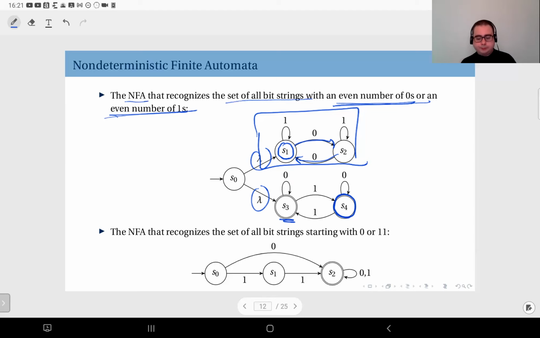So you should see that you can actually come up with an equivalent deterministic finite automaton that does the exact same thing. Another example is the non-deterministic finite automaton that recognizes the set of all bit strings starting with 0 or 11.